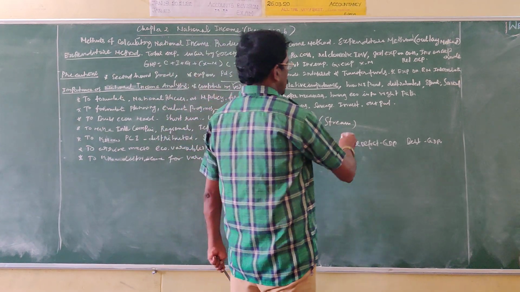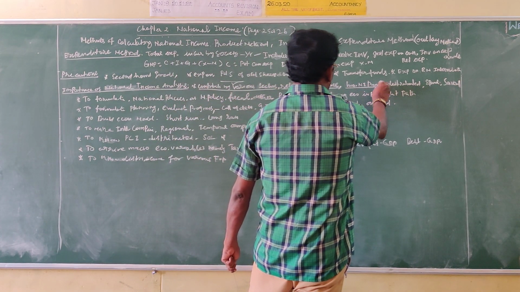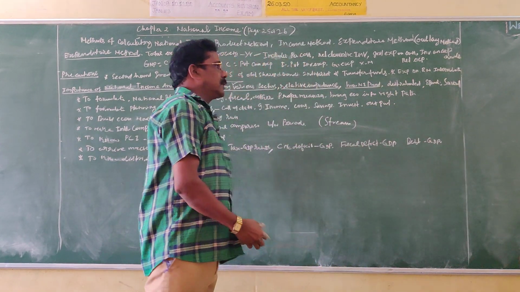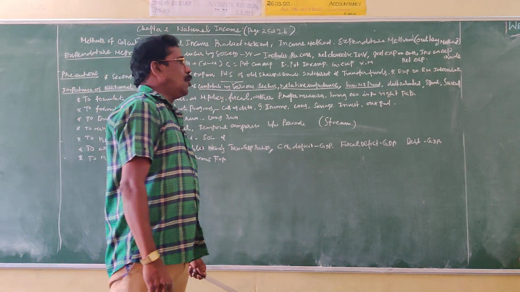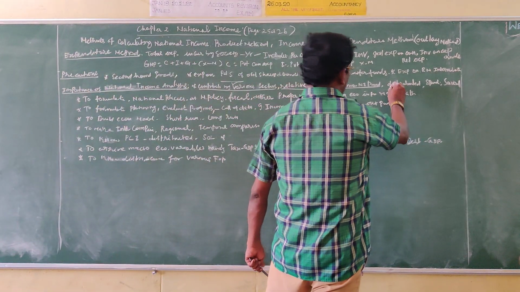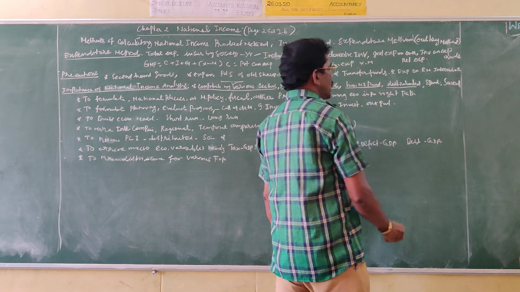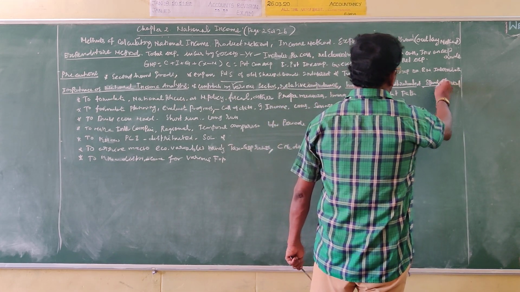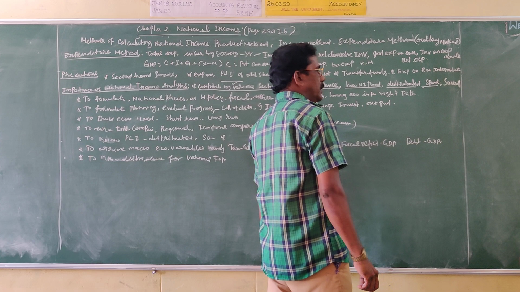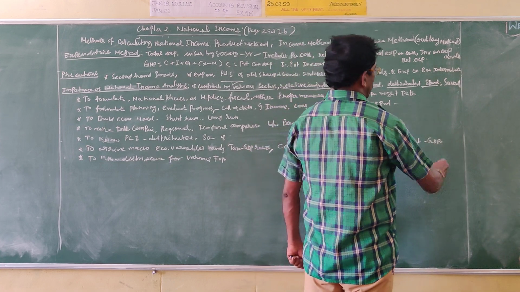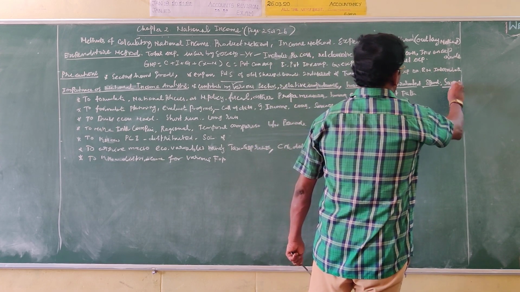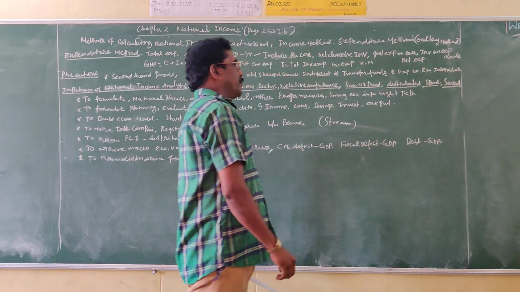Then, how much of national income is produced? How much is distributed to the society? How much is spent on various headings or consumption activities, and how much is saved?